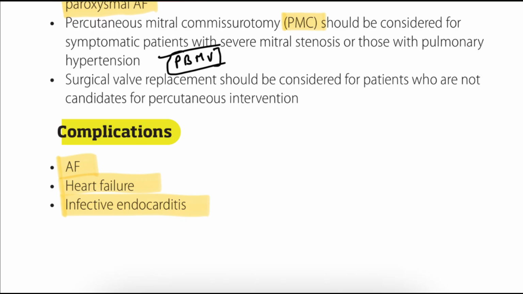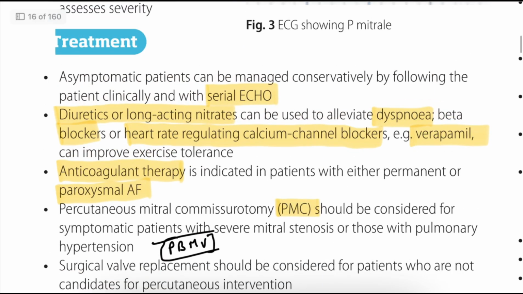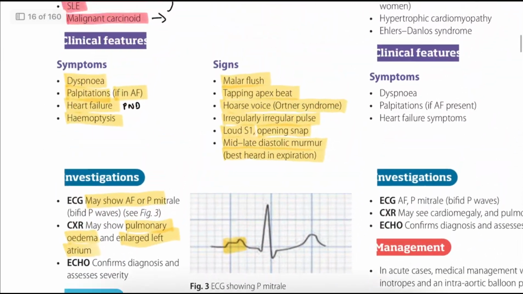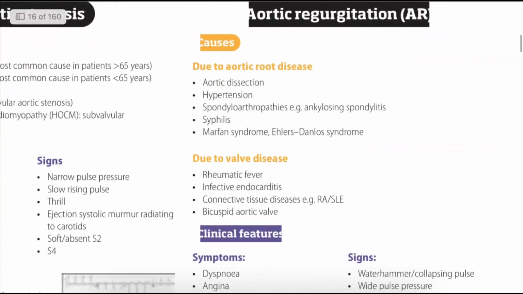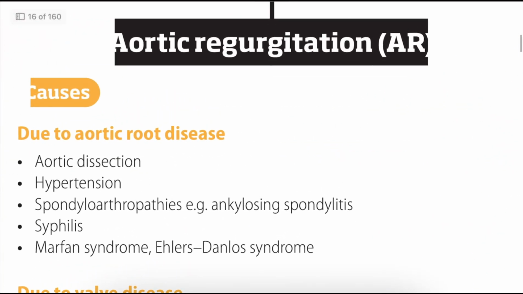Okay, next you can see here, that is aortic regurgitation, because first we are covering the diastolic murmurs. In diastolic murmurs, we can see mitral stenosis and aortic regurgitation. So in aortic regurgitation, whenever the name regurgitation is there, that means we have to suspect backflow of blood.